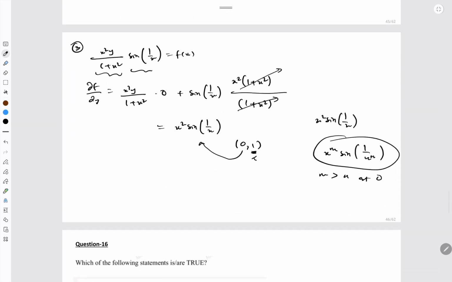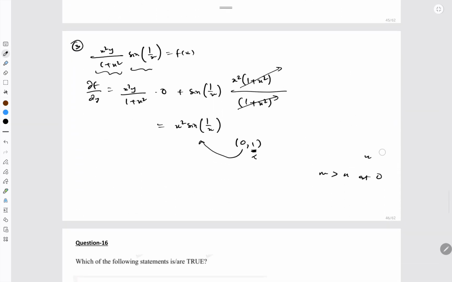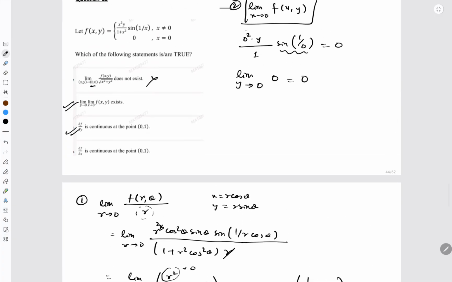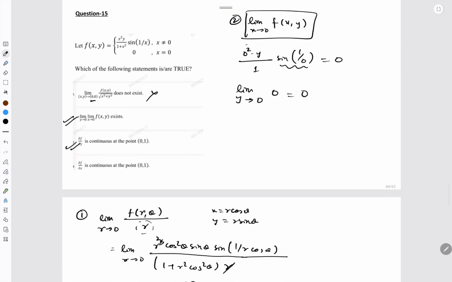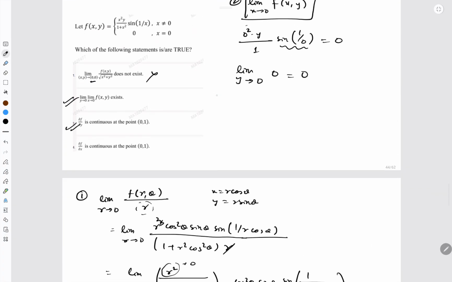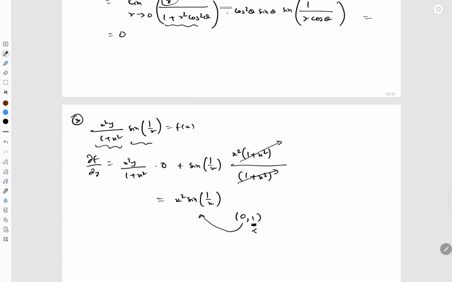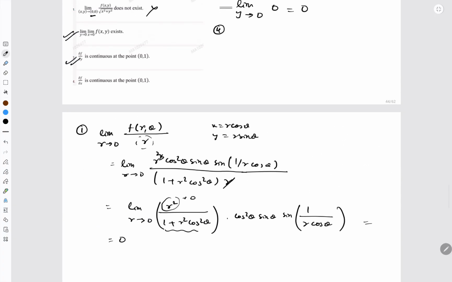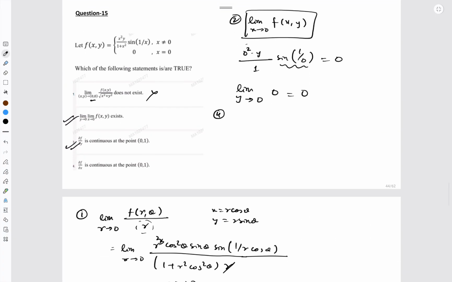About option D, we can see. We do not have much space. Okay, so let us utilize this space. Question 4, option 4. Okay, let us do the partial derivative with respect to x.